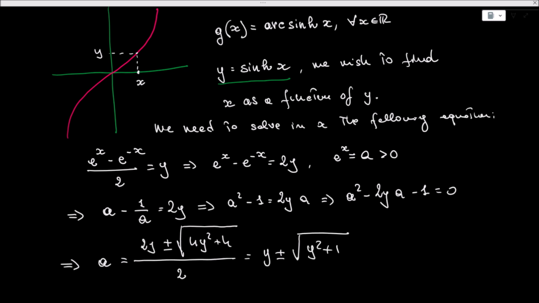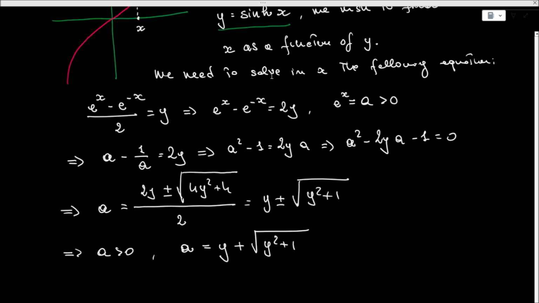Now remember that a is larger than 0. Okay, so because a is larger than 0, we can only select the plus sign for the square root. Because clearly if we select the minus, we would get a negative. So this implies that a is equal to y plus the square root of y squared plus 1.